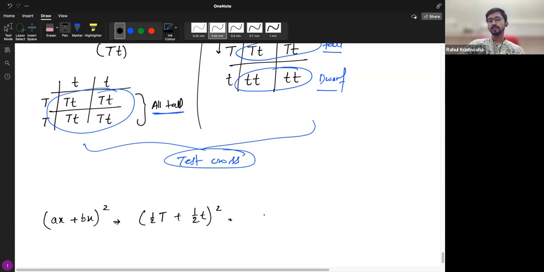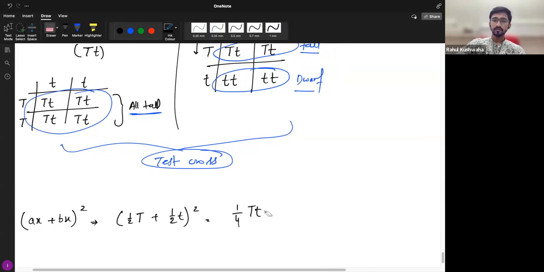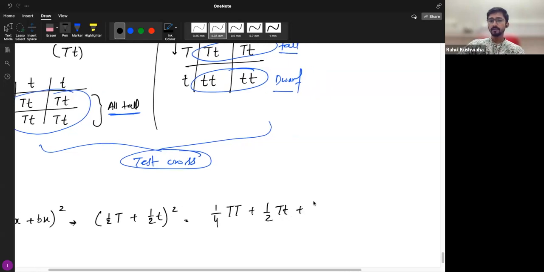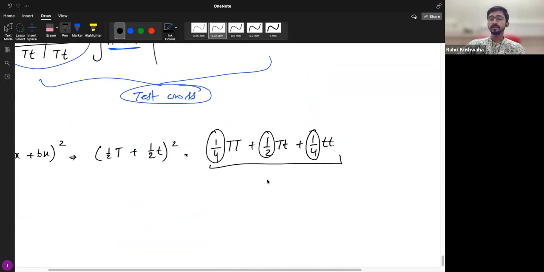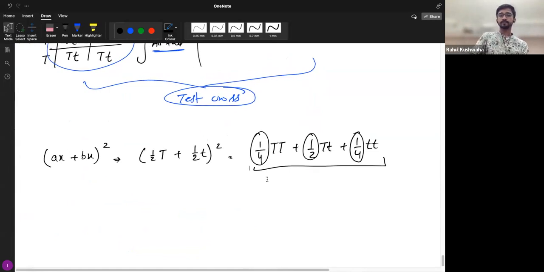If you open it, ultimately you will get the ratio, which is 1/4 capital T capital T, plus 1/2 capital T small t, plus 1/4 small t small t, right? And this is exactly the ratios which we get in the F2 generation of a monohybrid cross. Is that part clear, everyone? Any doubts?